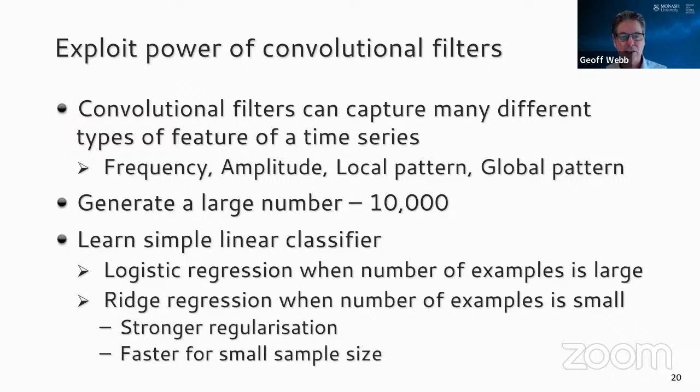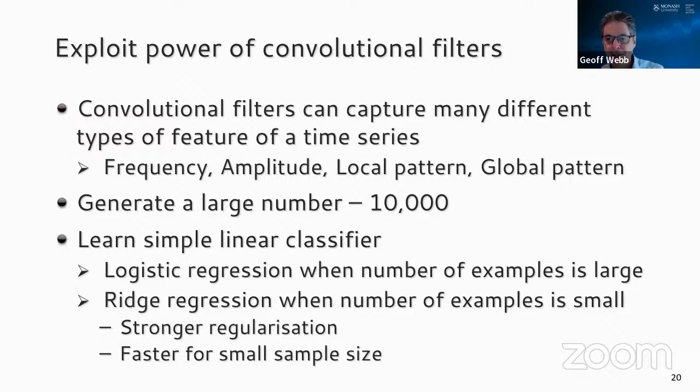10,000 is the default that we settled on in the end. And then learn a simple linear classifier. When the number of training examples is large, simply apply logistic regression. We found that ridge regression is a better form of linear classifier to apply when the number of examples is small, for two reasons.